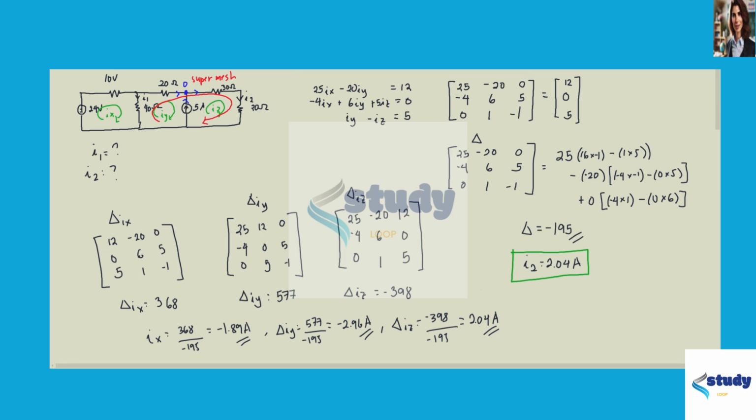Based on the mesh, we know that I1 is equal to Ix minus Iy. Substituting our known values for Ix and Iy, we have negative 1.89 minus negative 2.96, giving us a value for I1 as 1.07 amperes.